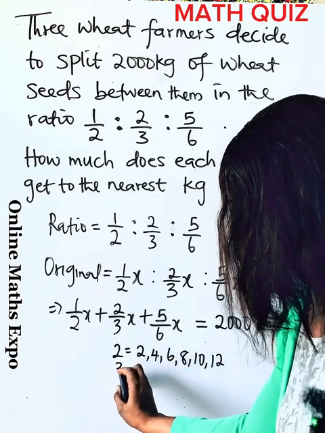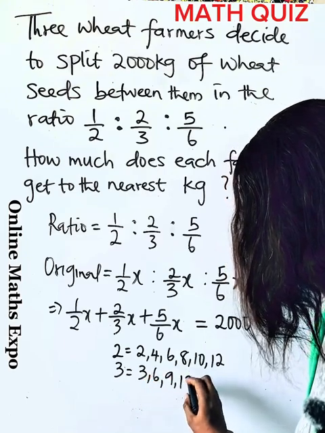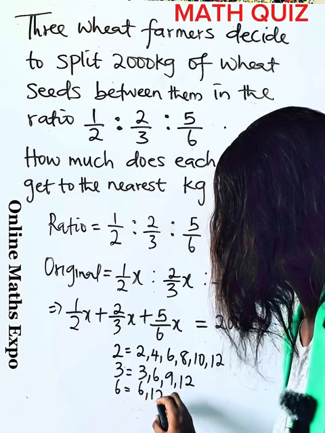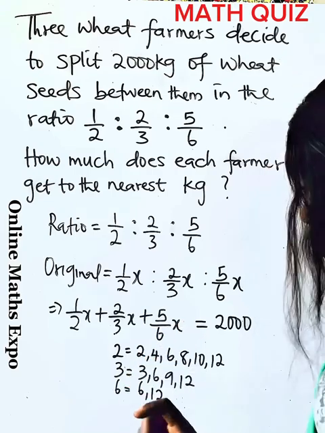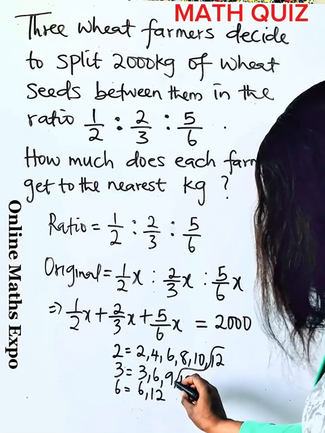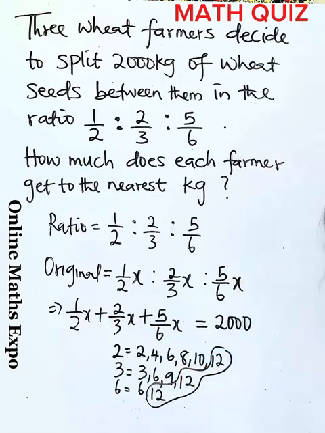Multiples of 3 are 3, 6, 9, 12. Then multiples of 6: we have 6, 12. In these multiples, the lowest common one is 12. So the LCM of these 3 denominators is 12.